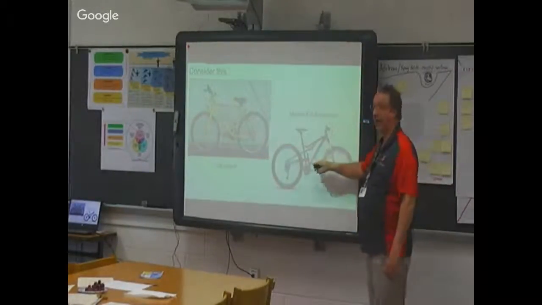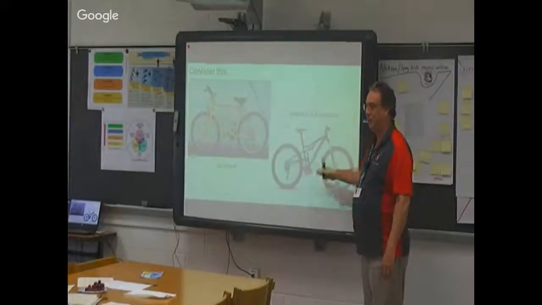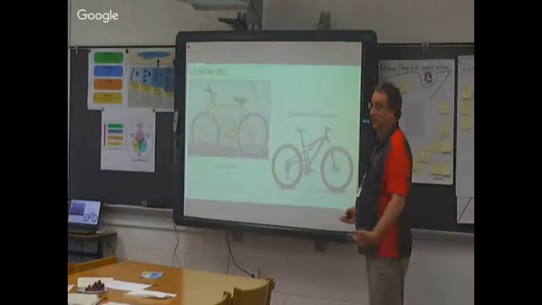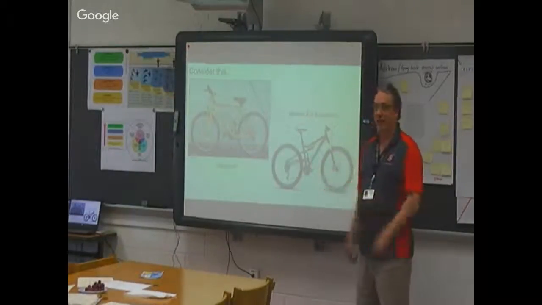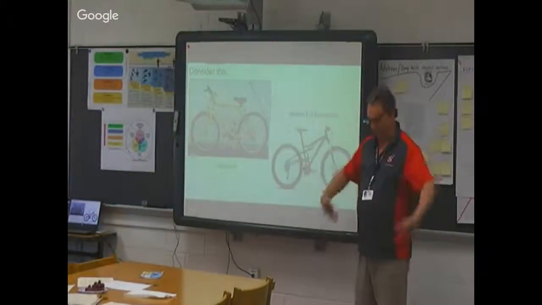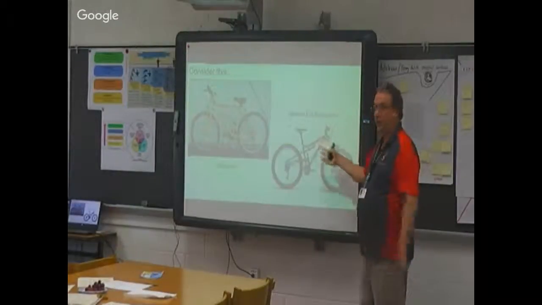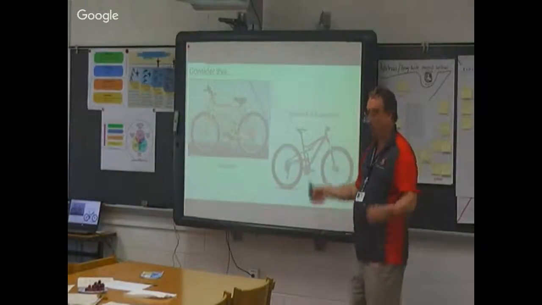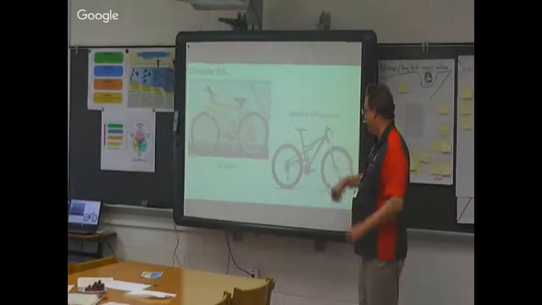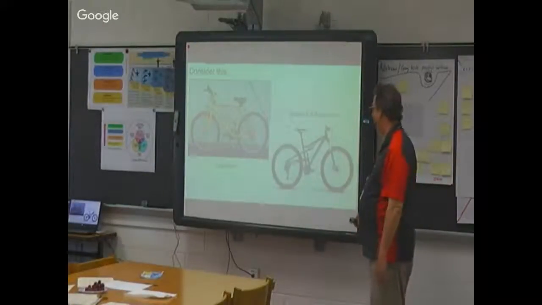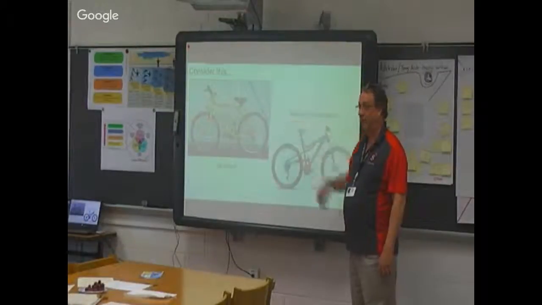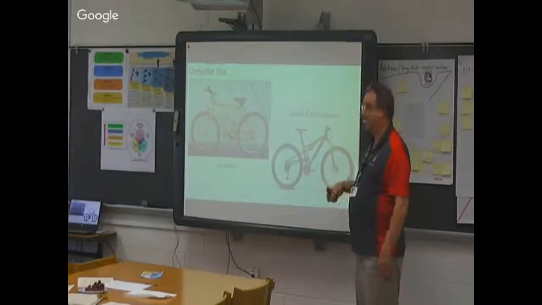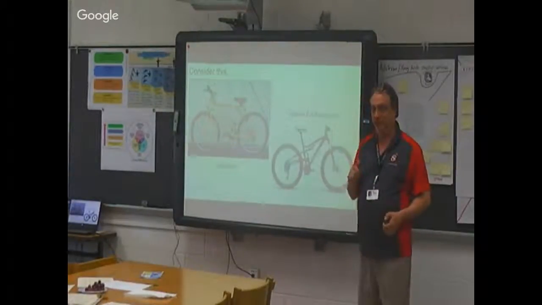So this one has a lot of advantages, but the problem is it also has more moving parts. If I don't adjust the shocks for the terrain I'm riding in and for my body weight, it doesn't work well, right? It'll bottom out if I hit bumps, it'll bounce around if I have it adjusted the other way. The brakes are hydraulic, they require more tuning and fiddling. This bike has index shifting, which means that you push a button and it goes to the next gear.